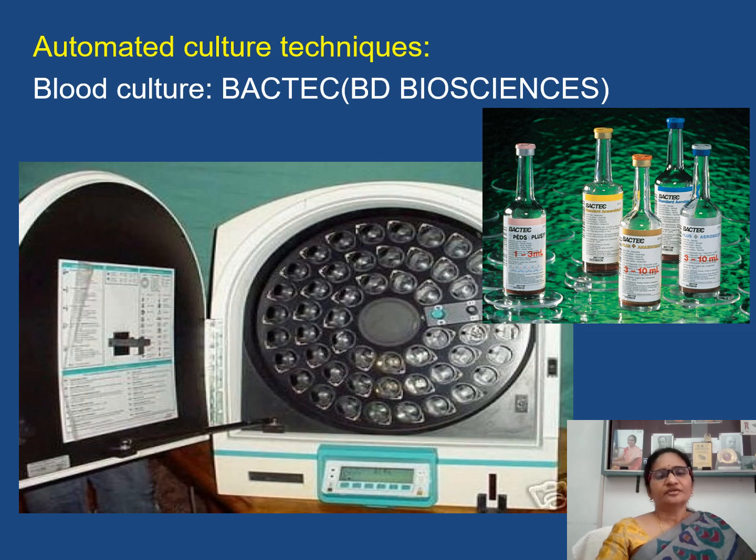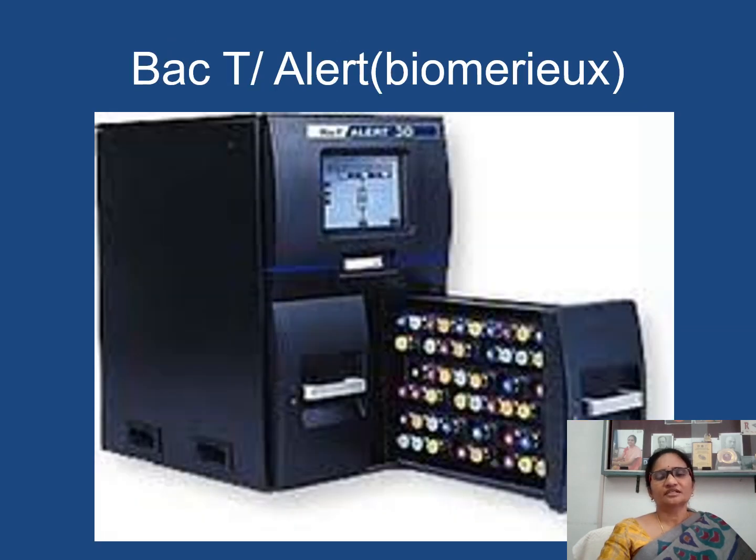And that is about conventional methods of identification of bacteria after growing them in culture using various bacterial culture media. We also have some automated culture techniques like blood culture. Here we have BacT/ALERT. These are the blood culture bottles.